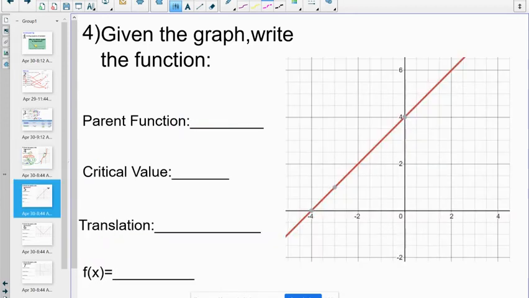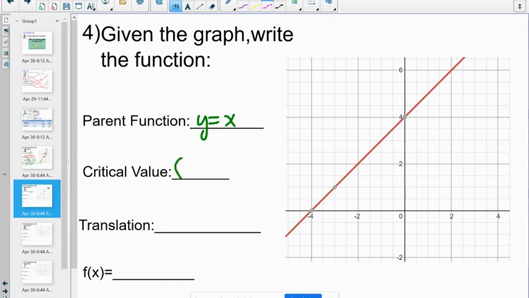So on the next slide here, our parent function, we see it's a straight line, so we know it's just y equals x, or that linear line. And our new critical value, for this particular example, is where it crosses the y-axis.